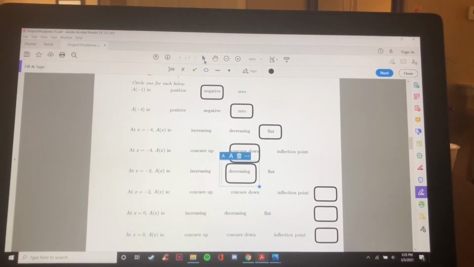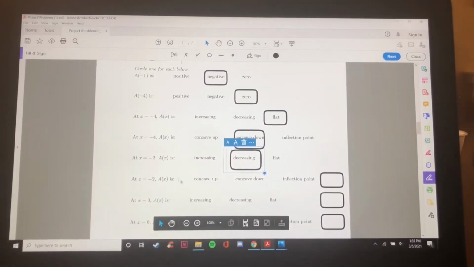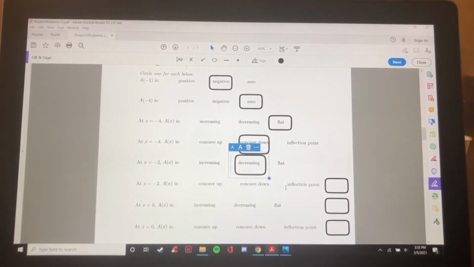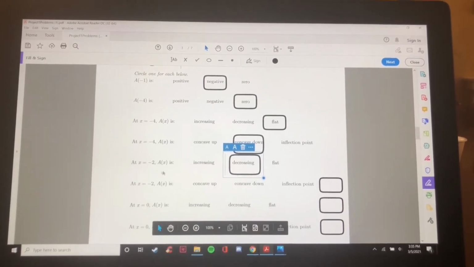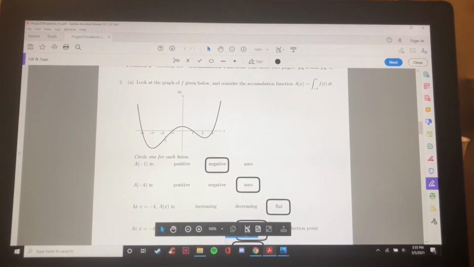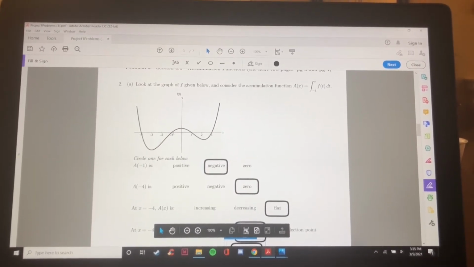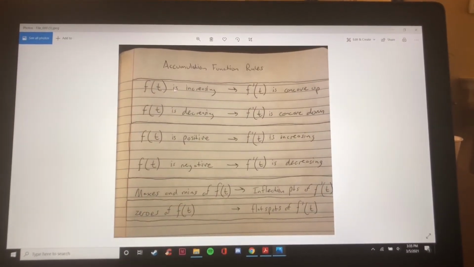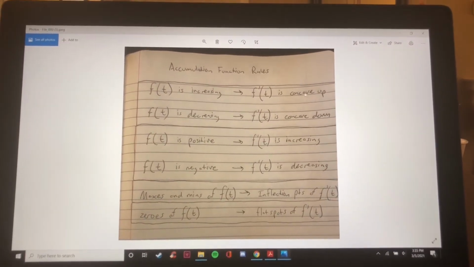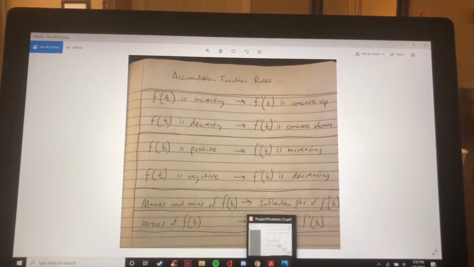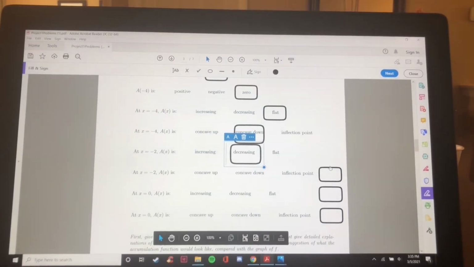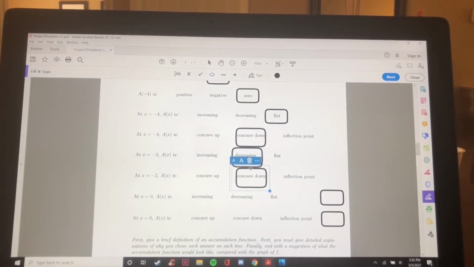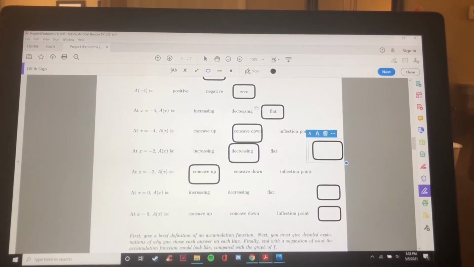At x equals -2, A of x is concave up, concave down, or inflection point? Well, at -2, you can see this line is actually increasing. And whenever the original function is increasing, the accumulation will be concave up. So that is our answer here. Concave up, excuse me.